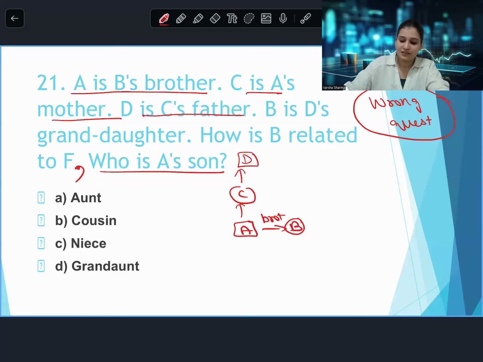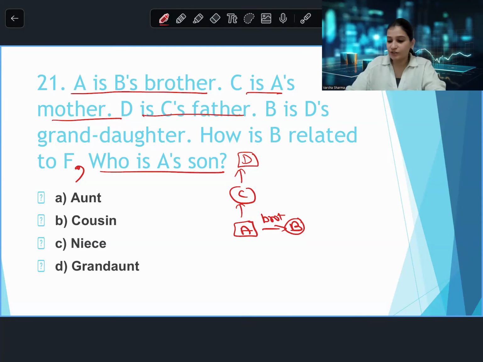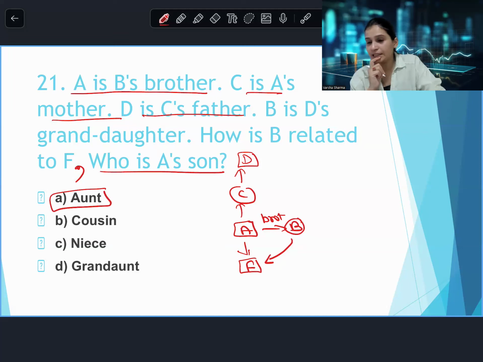The question is wrong in the book also, so correct it in your module also. It will be a comma, F will be here. Who is A's son? So now F to B. How is B related to F? So B will be the aunt.